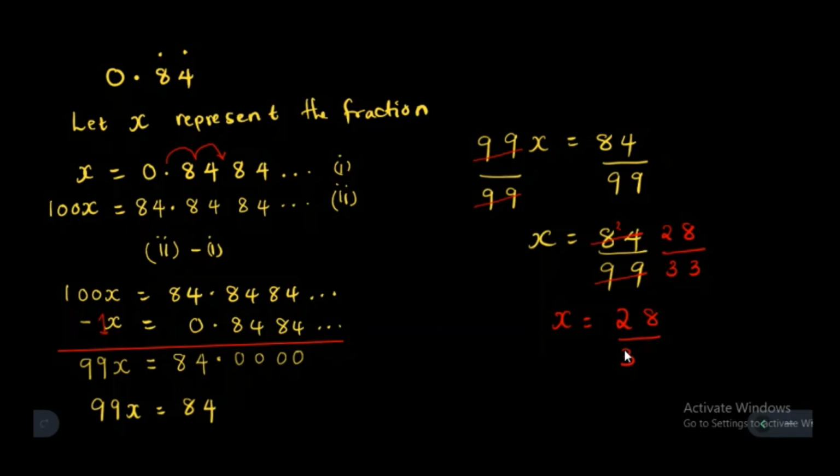So if we have a number like 0.169 and the dot has been put on the first digit and the last digit, it means that all these digits are actually recurring.